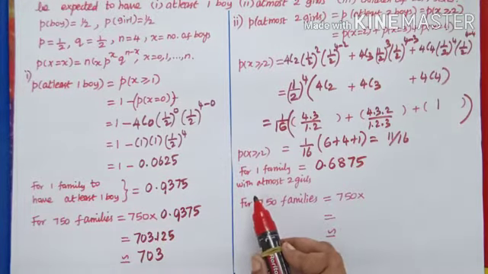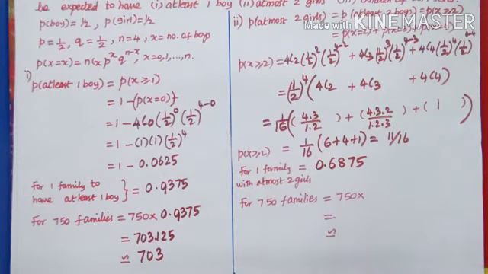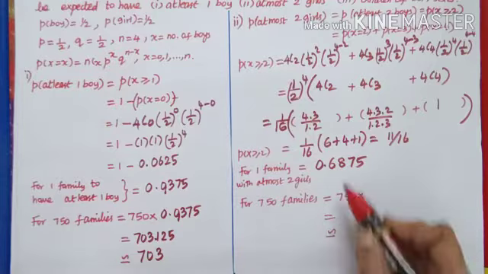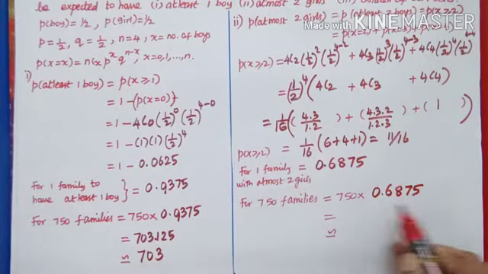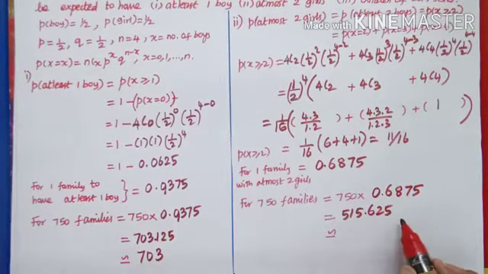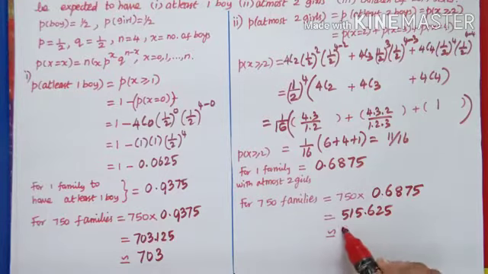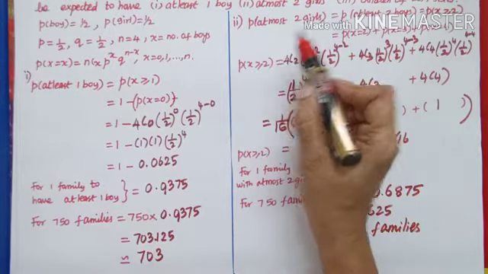For one family with at most 2 girls it is 0.6875. Therefore, for 750 families, multiply by 750. 750 into 0.6875 is 515.625, approximated as 516. So 516 families will have at most 2 girls.